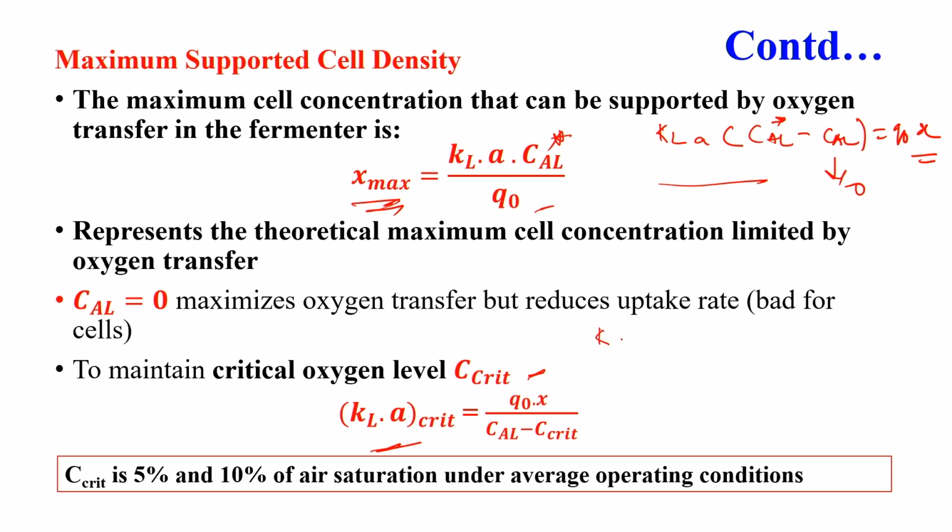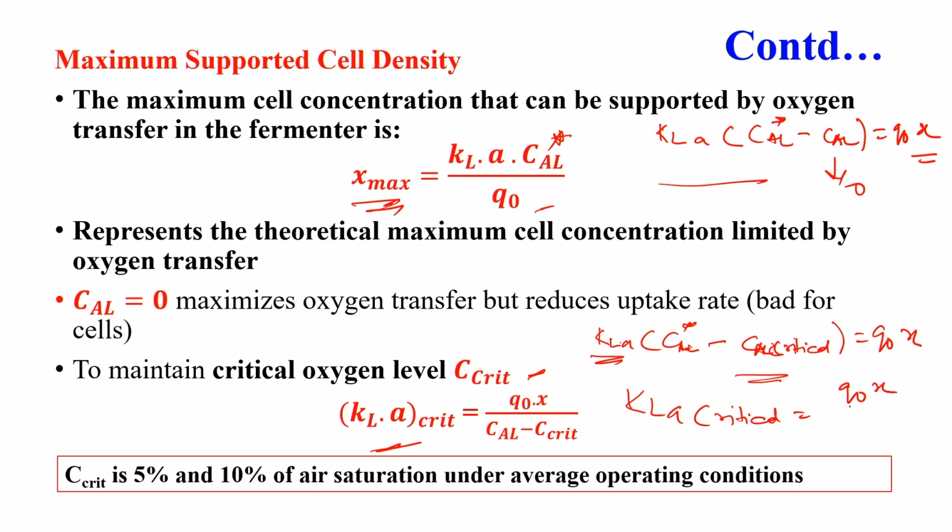So, it says K_LA into C_AL star minus C_AL critical equals Q naught into X. From here we can find the value of K_LA critical. So, it becomes K_LA critical equals Q naught X divided by C_AL star minus C critical.